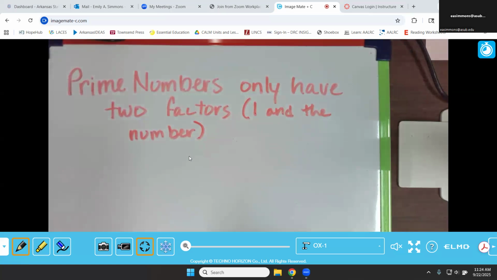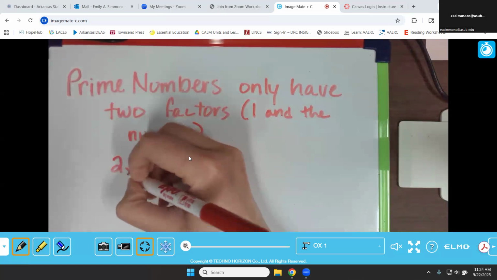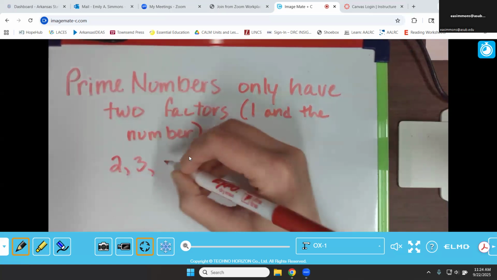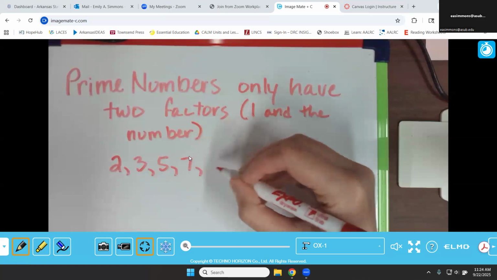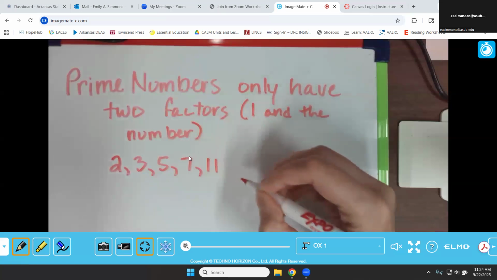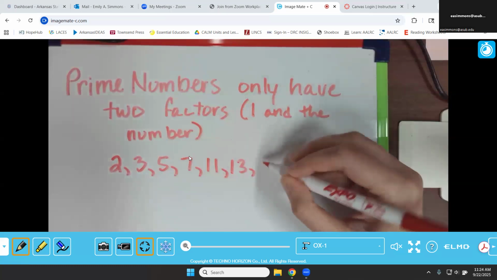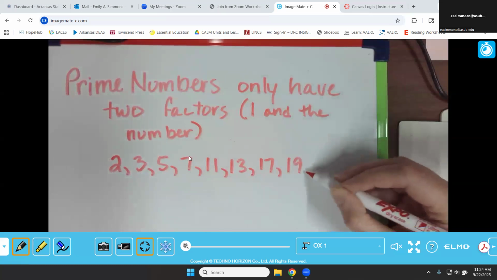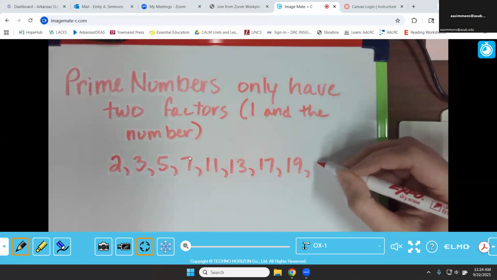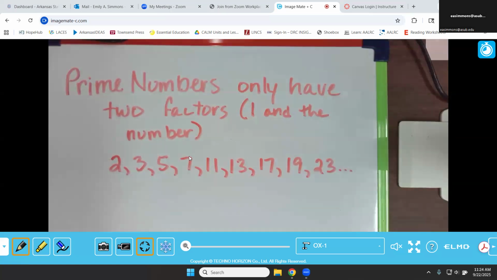So some prime numbers include 2, 3, 5, 7, 11, 13, 17, 19, and 23. And there's more, so I'm just gonna put some dots there because they keep going.